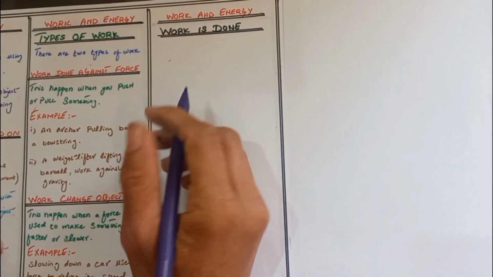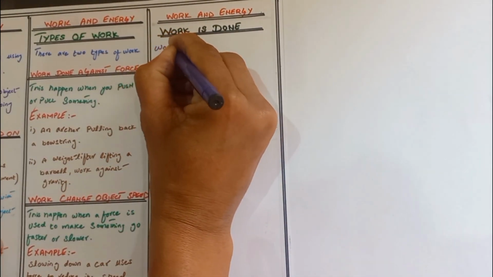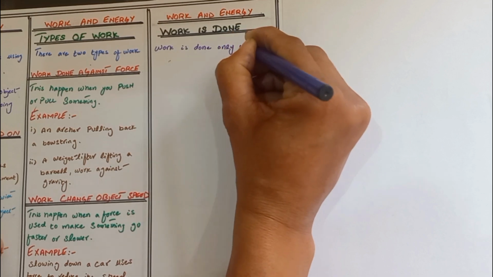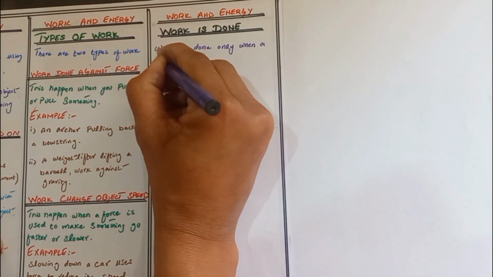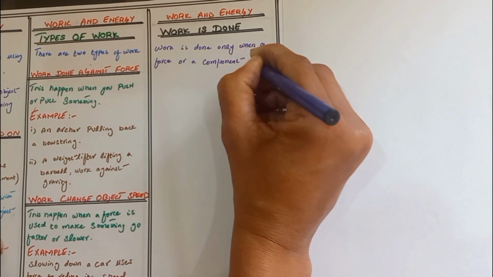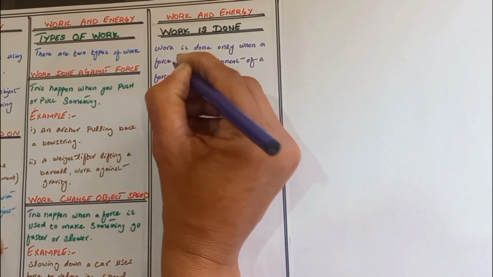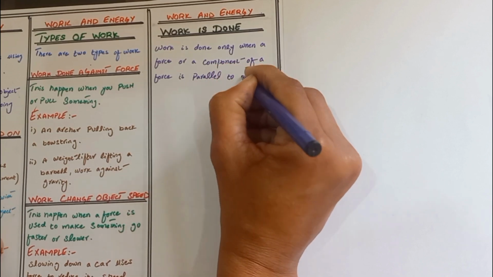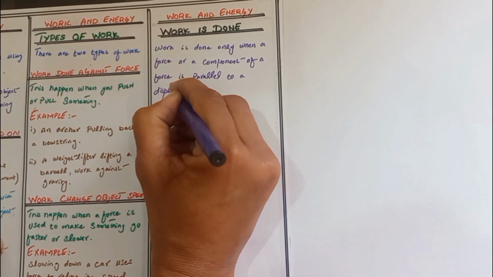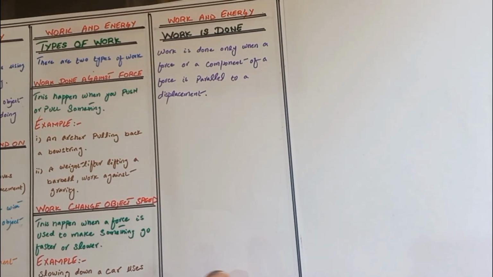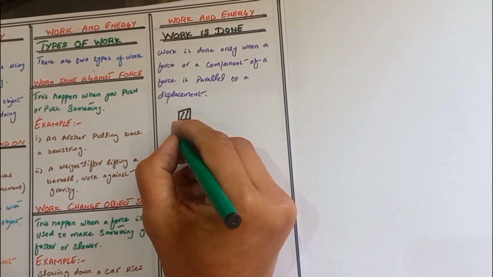Now we discuss when the work is done. Work is done only when a force, or a component of a force, is parallel to the displacement. Here we take the example of a cart.